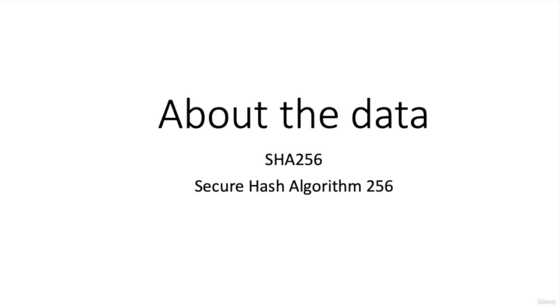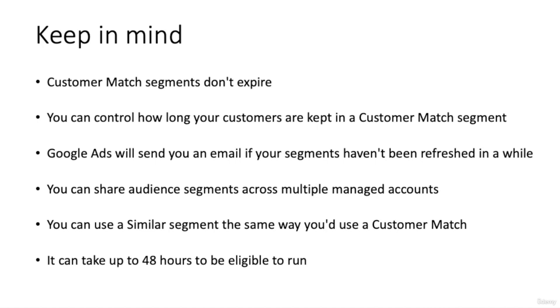So a couple of things to bear in mind. Customer match segments don't expire. So when you saw the upload there just a couple of seconds ago, it had a membership duration section. The membership duration is unlimited by default because it's raw customer data that you've populated in there. You can control how long your customers are kept in a customer match segment, but it is best to refresh your segment as regularly as possible.